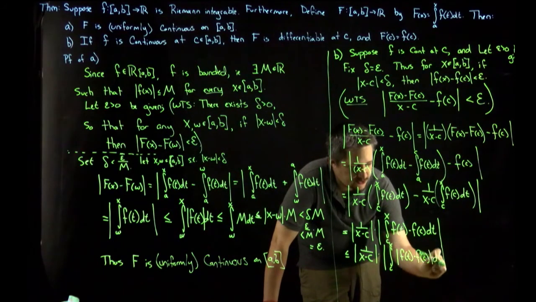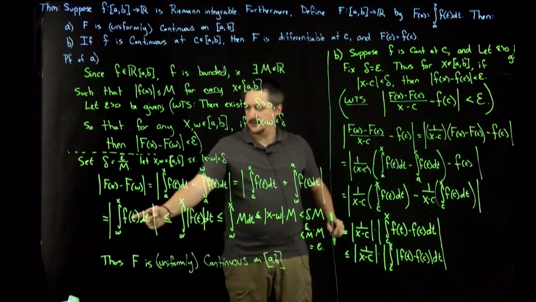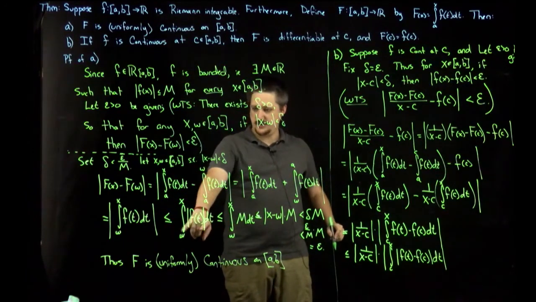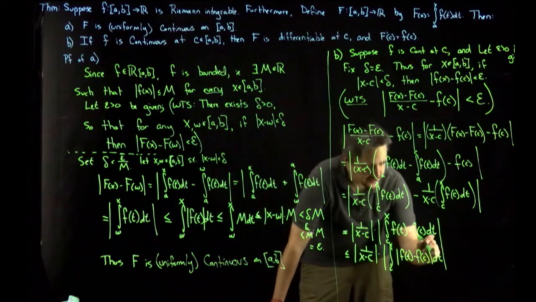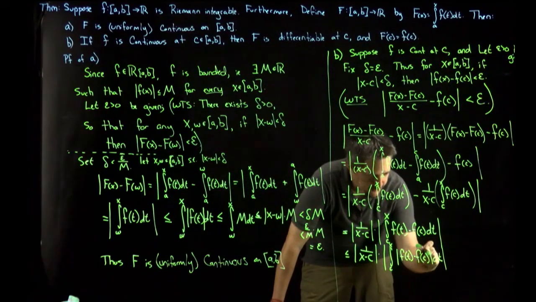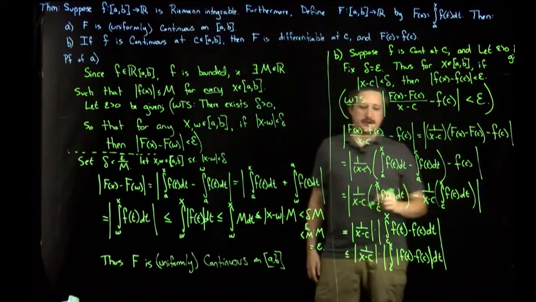Right? So this is doing the same thing I did here, except I'm moreover putting an absolute value on the very outside on top of that. So that's an absolute value inside.